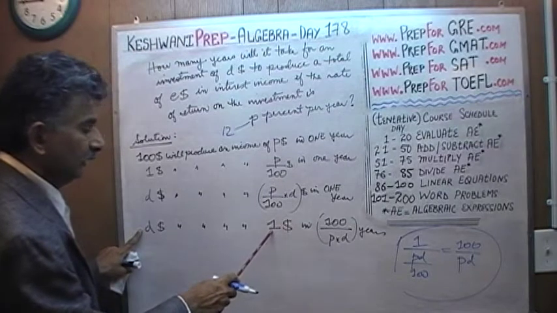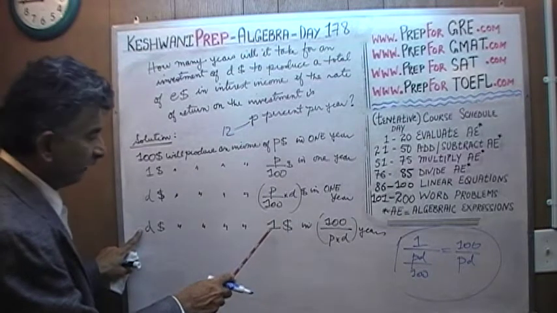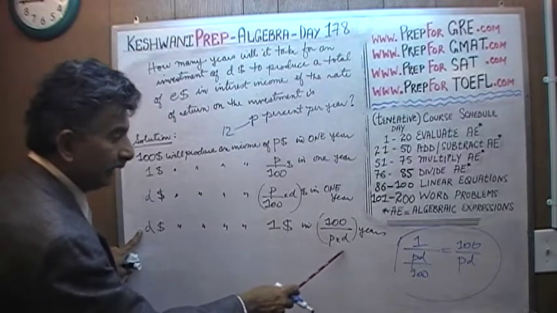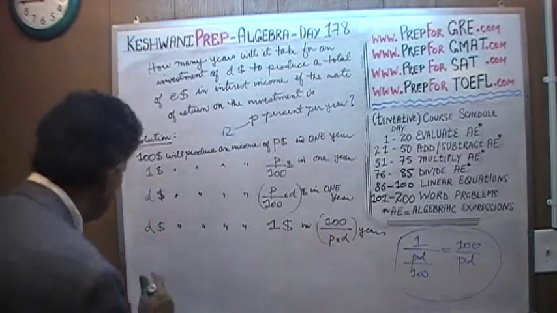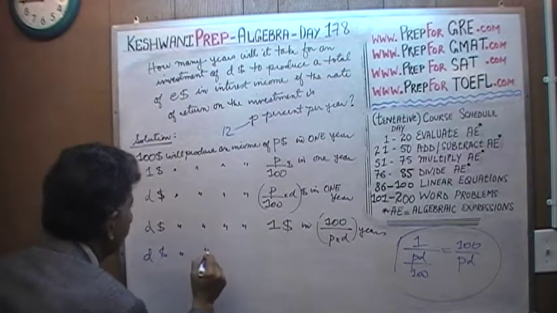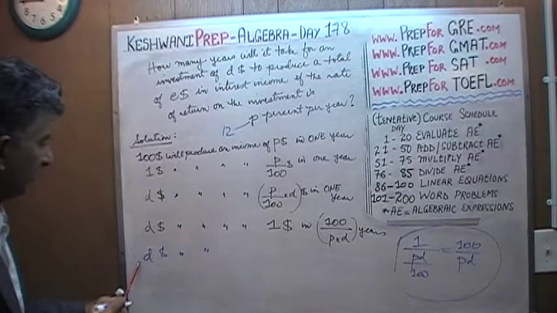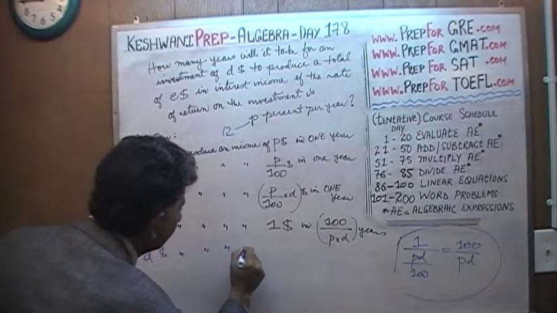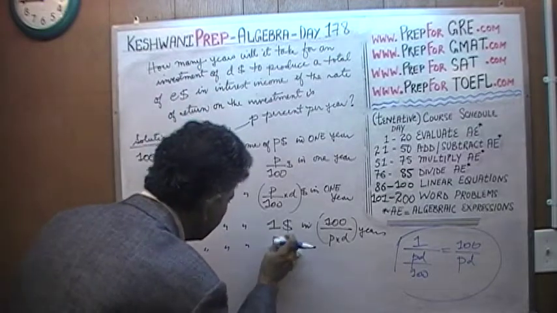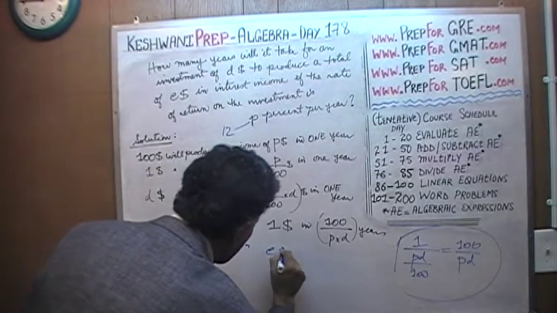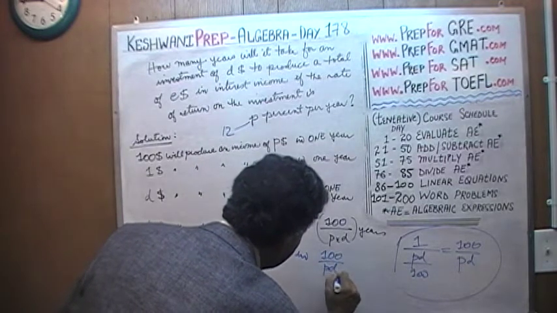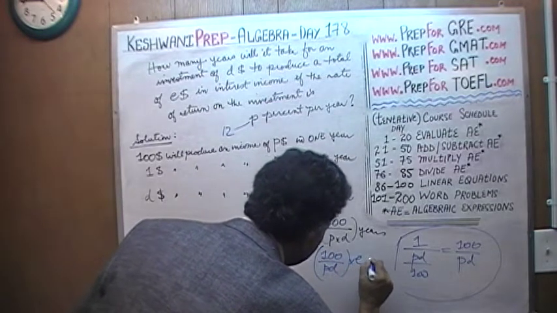We want not $1, not $2, not $3. We want E dollars. So E dollars of return will take E times this many years. That's all. An investment of D dollars will produce an income of E dollars in 100 over P times D times E years.